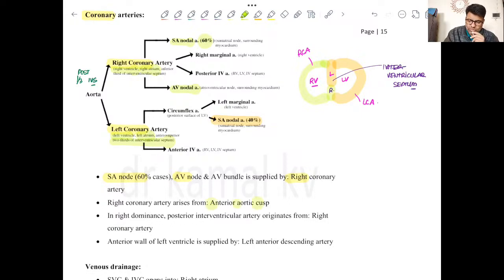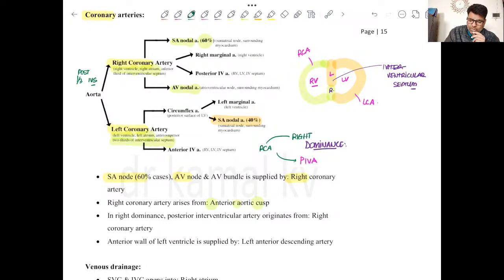Now sometimes we use the word dominance, right dominance or left dominance. So what we need to do, we need to check for the origin of posterior interventricular artery. If it is originating from right coronary artery, you will say it is right dominance.